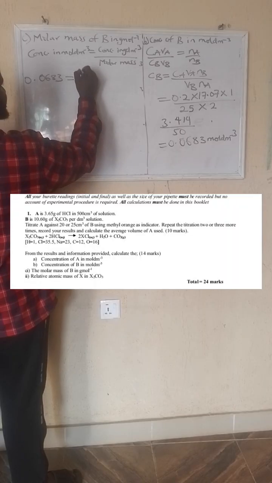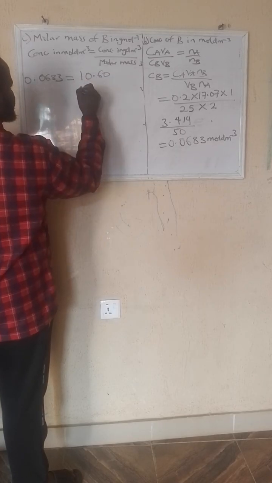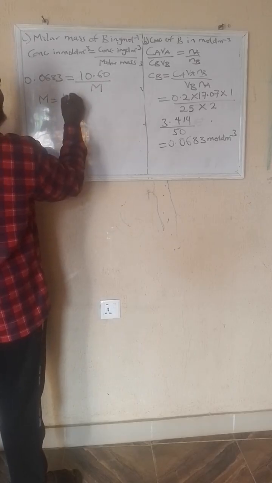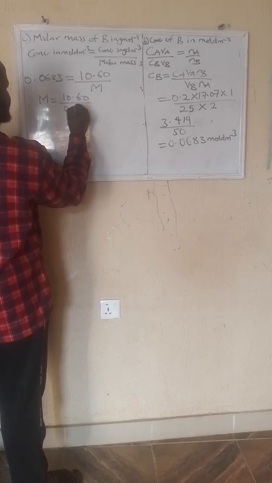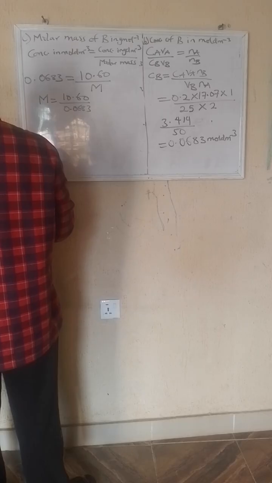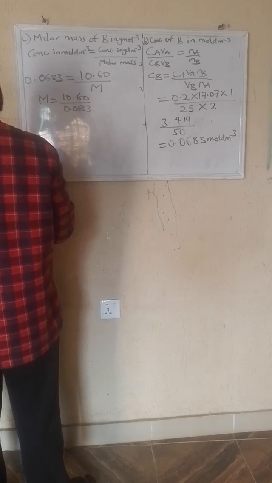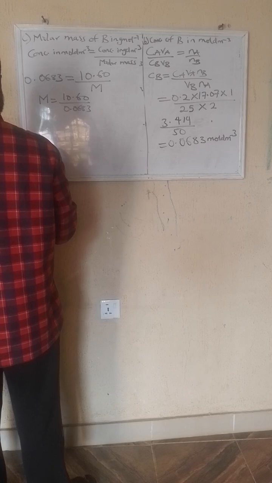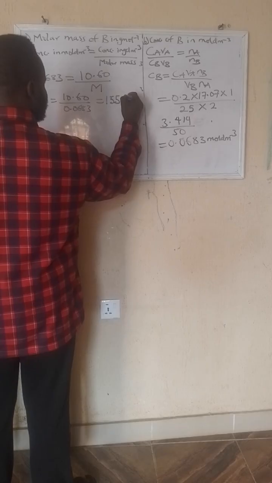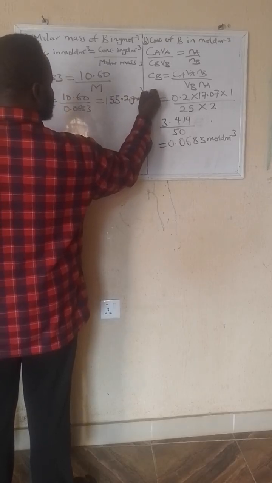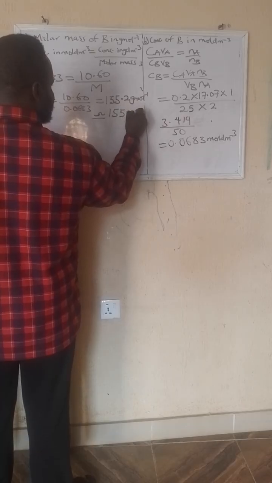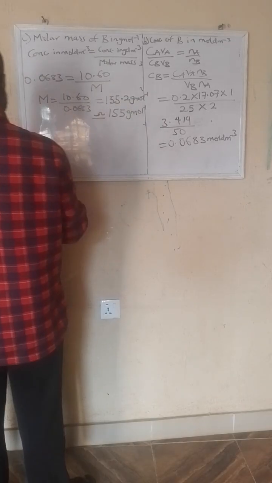Concentration in gram per dm cube from the question is given as 10.60. That means molar mass will be 10.60 divided by 0.0683. If I divide that, it will give me 155.2 grams per mole. I can approximate this to the nearest number, 155 grams per mole.